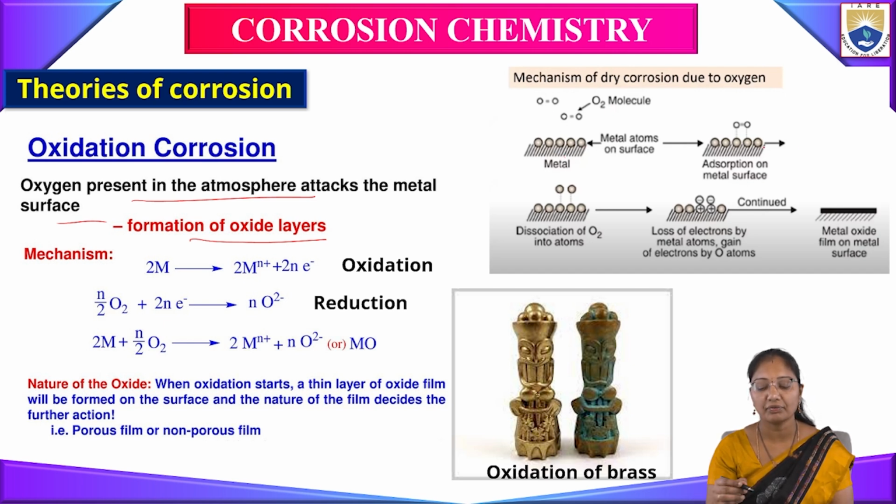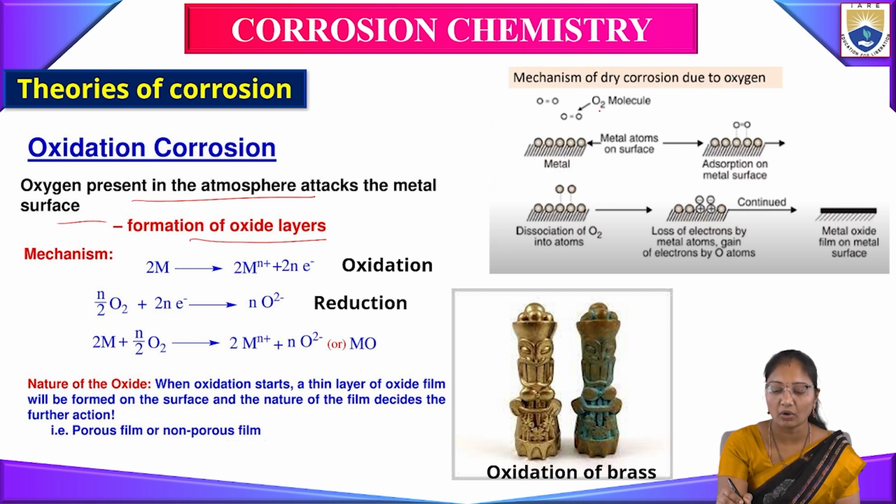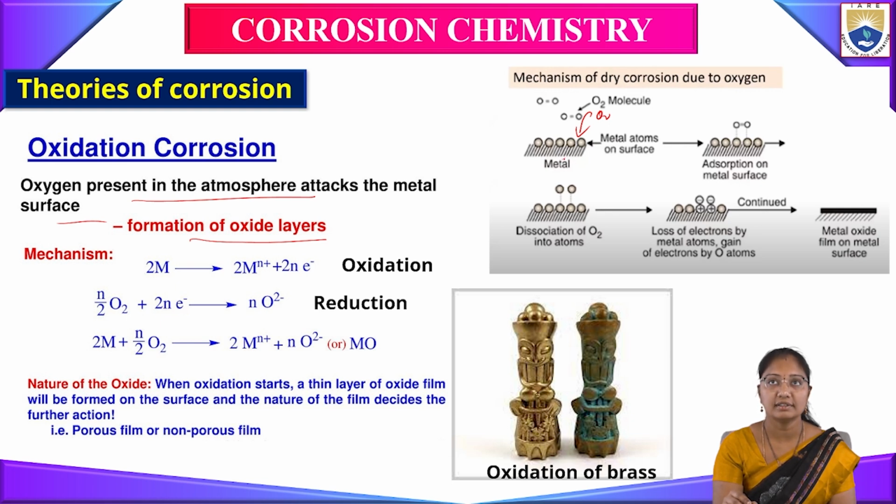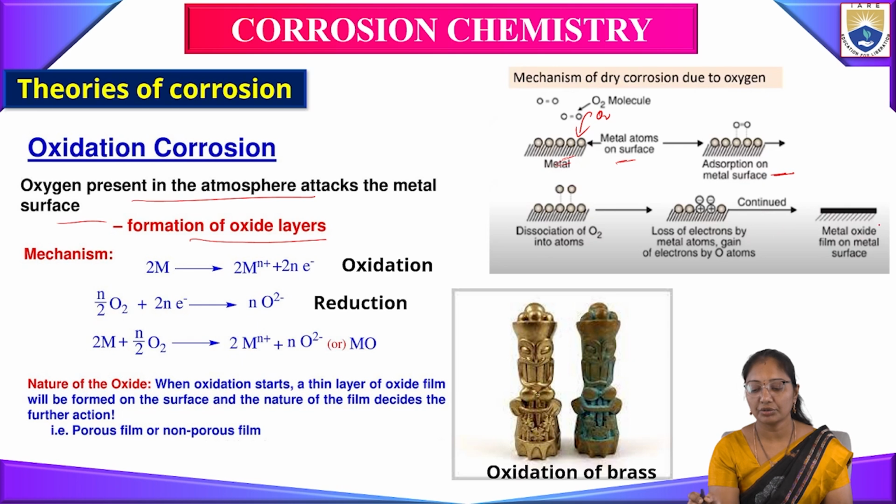There is adsorption on the metal surface, then dissociation of the oxygen into atoms, and this continues, resulting in the formation of a metal oxide layer on the metal, as we can see here.